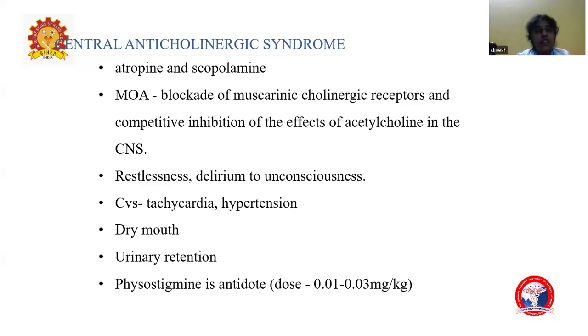So the effects are restlessness, delirium, up to unconsciousness of the patient. It also causes tachycardia, hypertension, dry mouth, and urinary retention. The treatment is physostigmine, which is an antidote given for the treatment of central anticholinergic syndrome. It's given at a dose of 0.01 mg to 0.03 mg per kg.